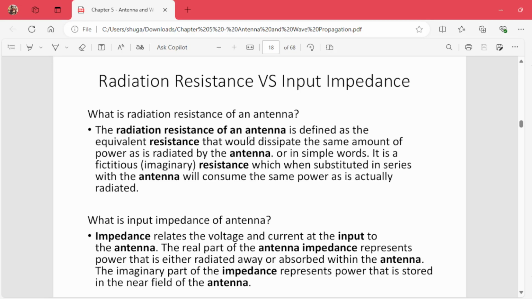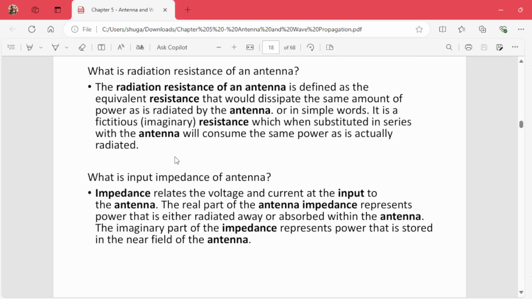So what is radiation resistance and what is input impedance actually? The radiation resistance of an antenna is defined as the equivalent resistance that would dissipate the same amount of power as is radiated by the antenna. In simple words, it is a fictitious or imaginary resistance which, when substituted in series with the antenna, will consume the same power as is actually radiated, while the input impedance of the antenna is related to the voltage and current at the input.